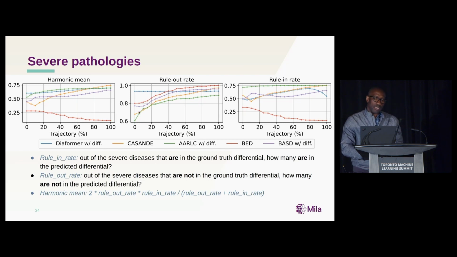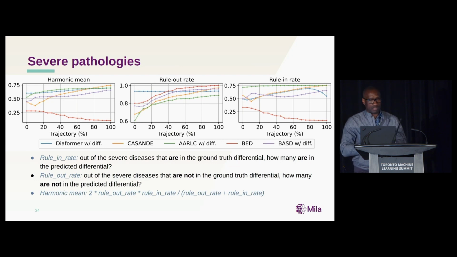So what does that mean? It means that at the beginning of the interaction, the proposed system is lenient in including more severe pathologies, resulting in false negatives somehow. But this is not problematic per se, because remember that at the beginning of the interaction, the system knows little about the patient.